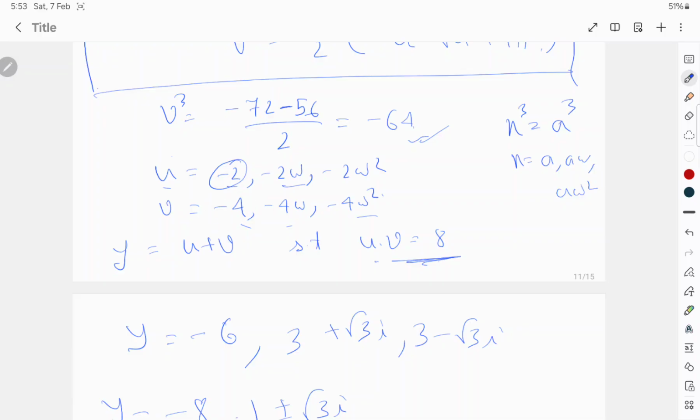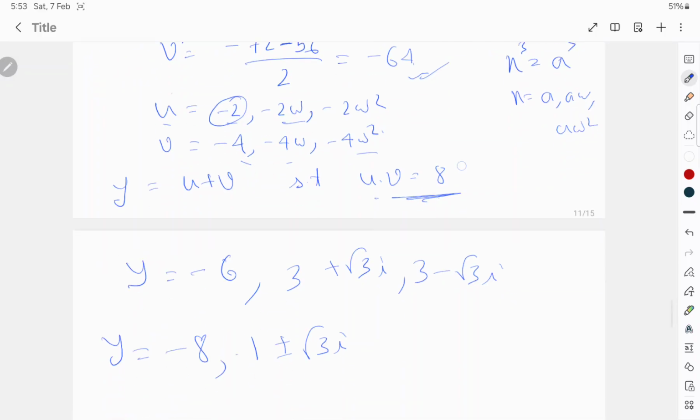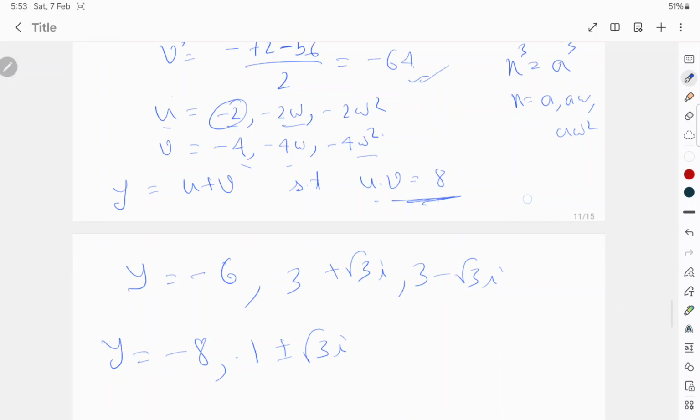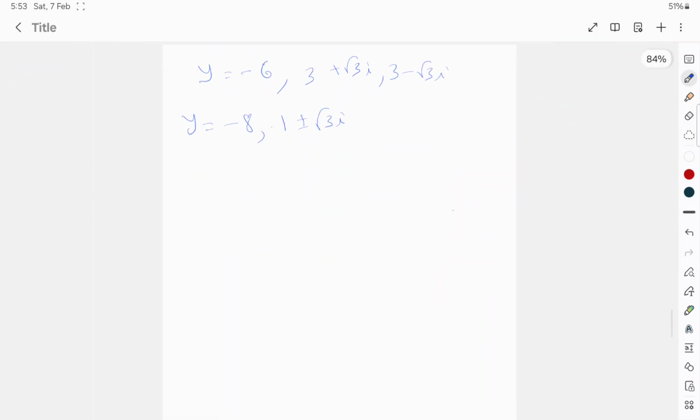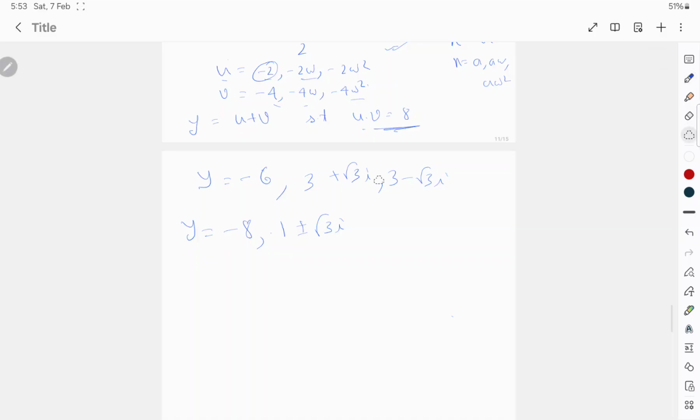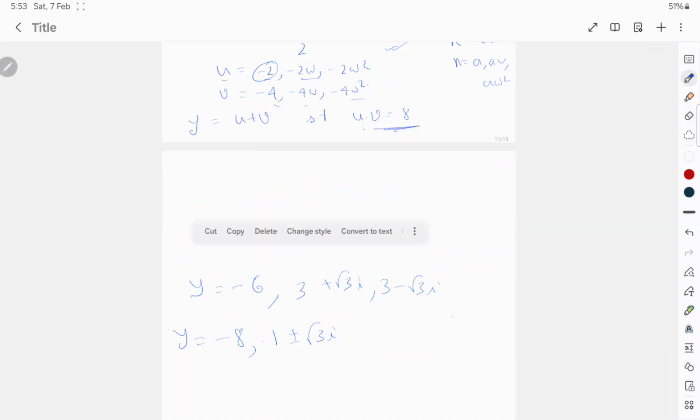So that's why, okay, I will write this thing here. If u is minus 2, then v is equal to minus 4, right? So then y is equal to minus 6. If your u is minus 2 omega, what should be the v value?